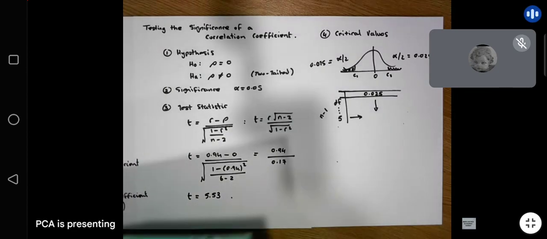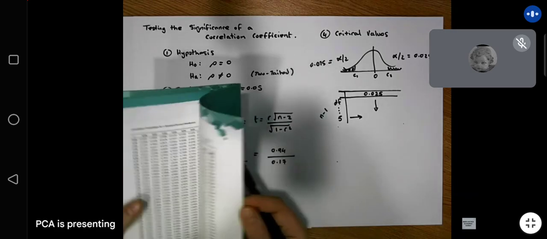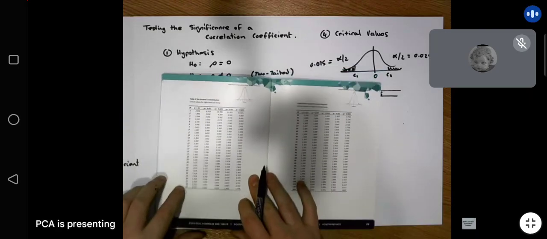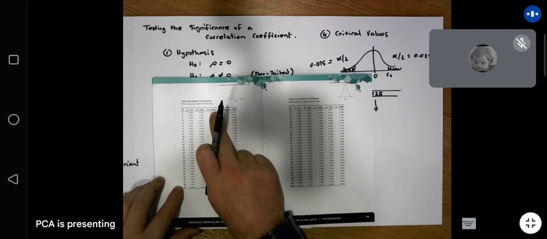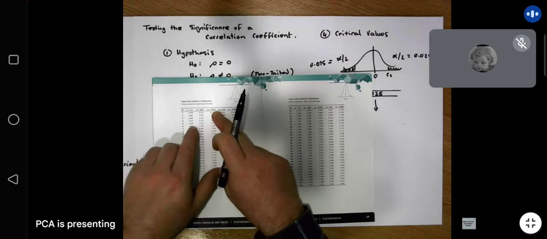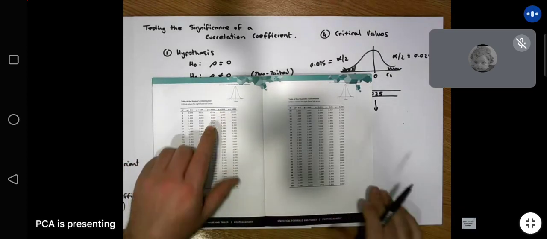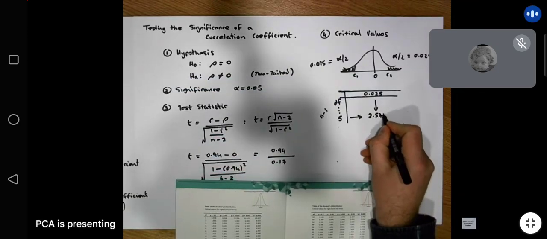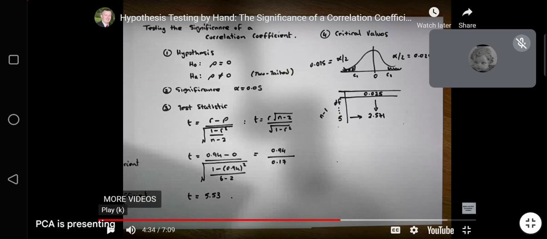In the t-distribution tables, with an area of 0.025 in the right-hand tail and with 5 degrees of freedom, the critical value is 2.571.